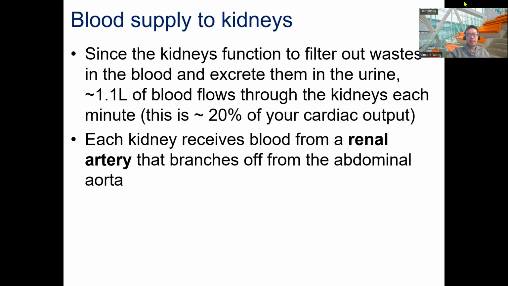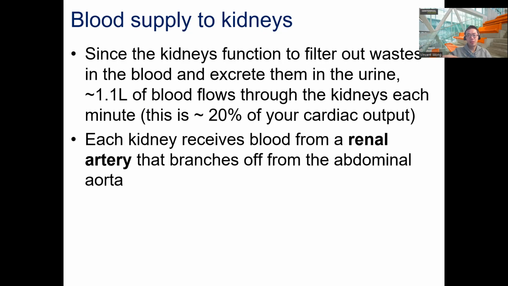So like I said, the kidney's main function is to help filter out waste products such as urea and creatinine out of the blood, and then it will excrete them into the urine. Approximately 1.1 to 1.2 liters of blood flows through the kidney each minute, which accounts for 20% of your cardiac output.